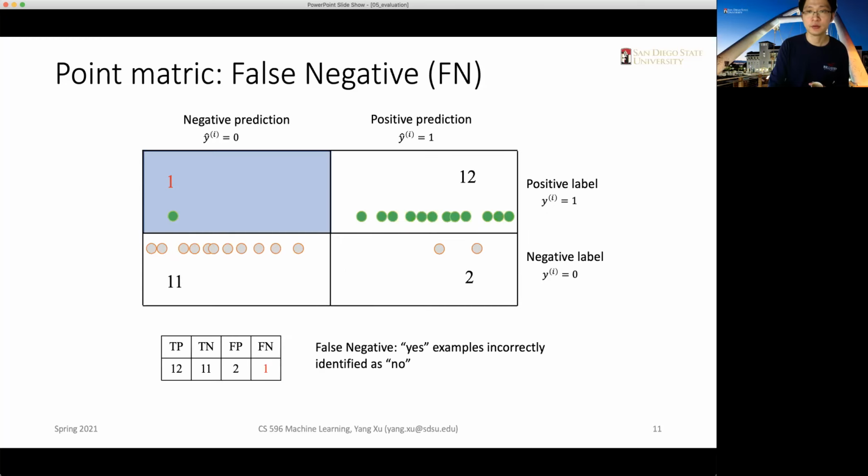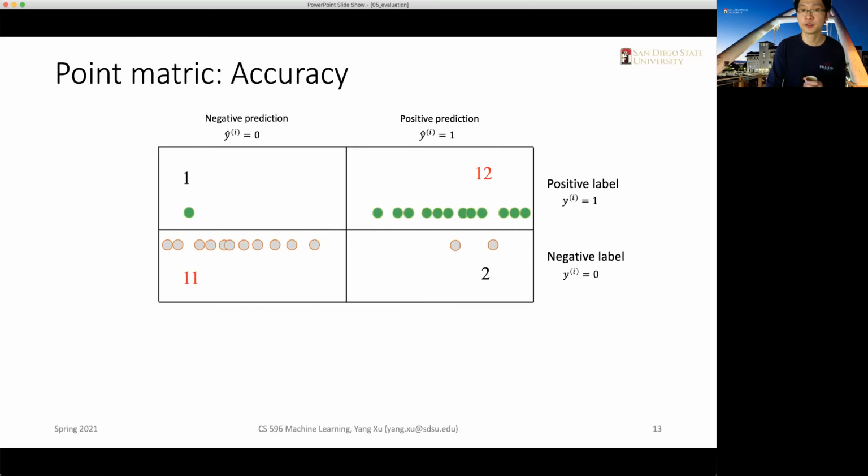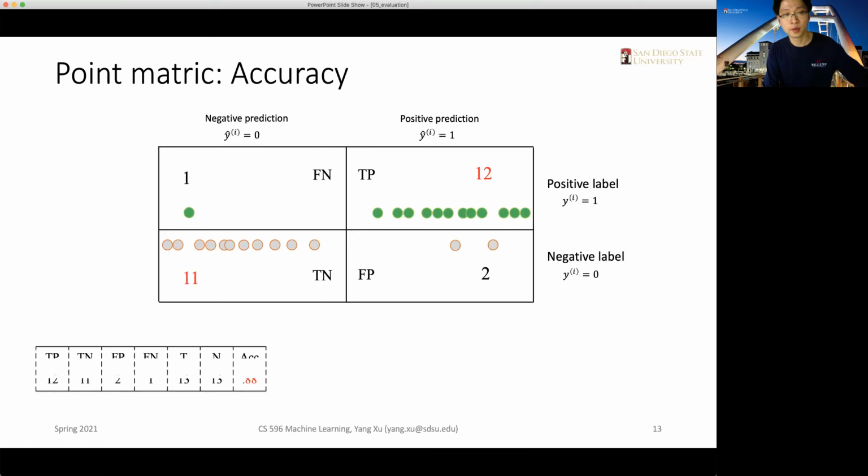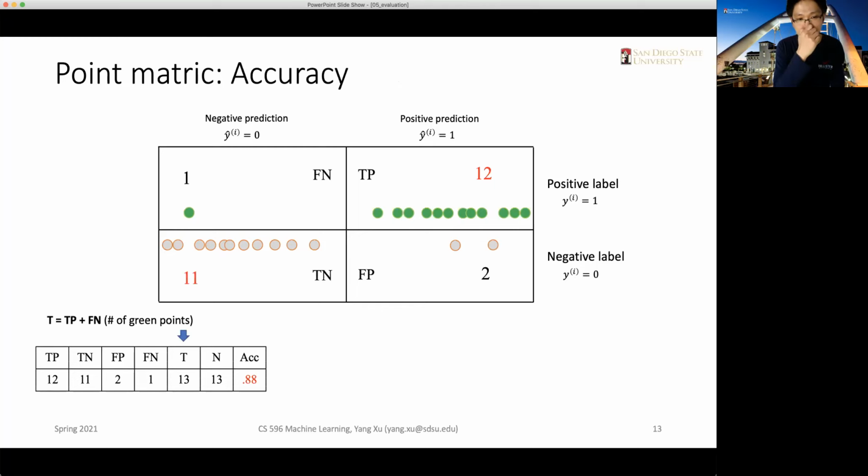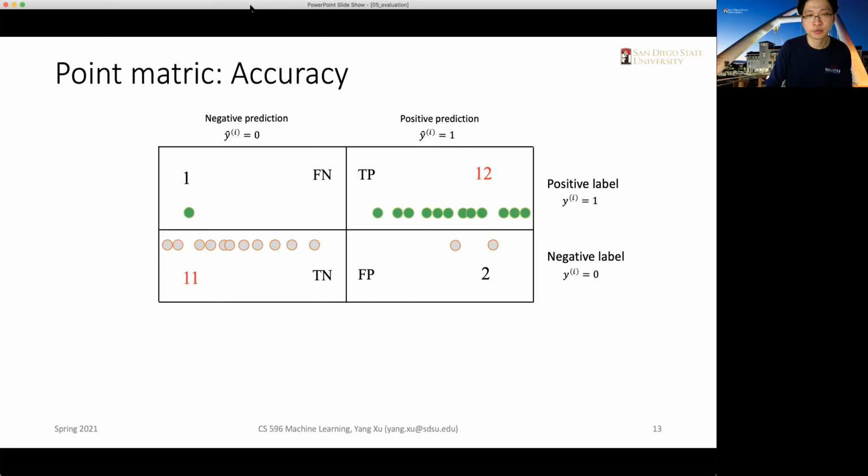Given these 4 numbers, we can do some further calculation. For example, when we talk about the accuracy of the model, the accuracy is computed in this way. Again, compared to the previous table, we only have 4 columns.